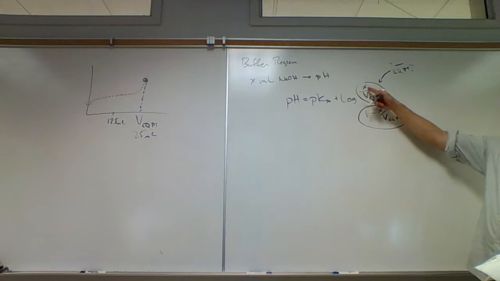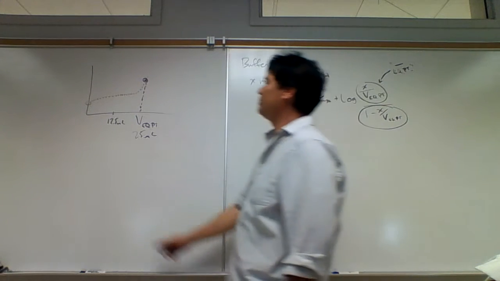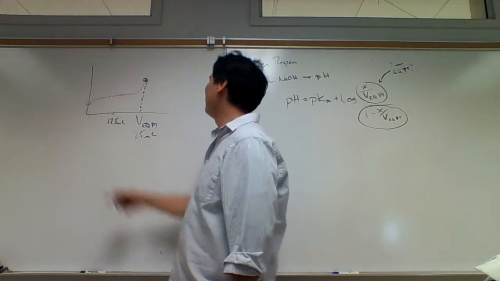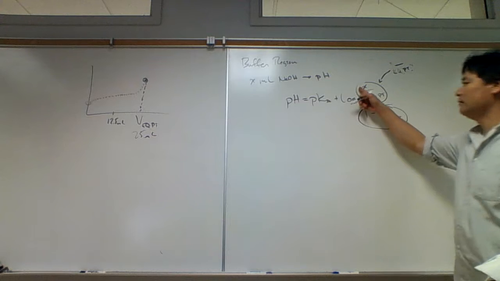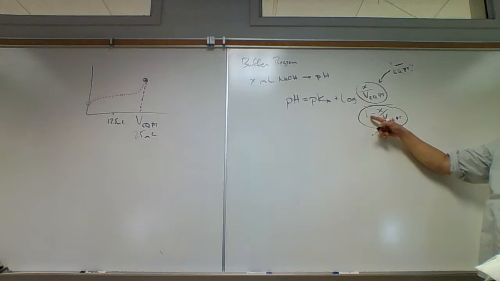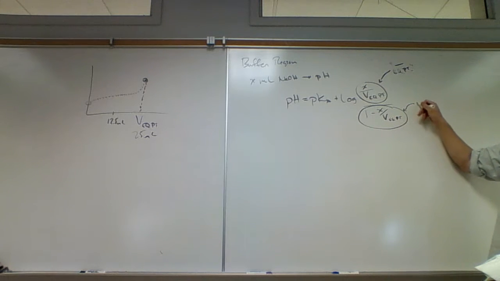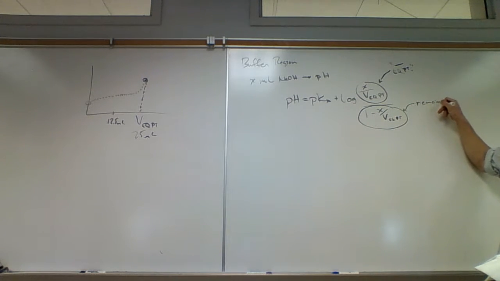If we neutralize 1/4 of the acid, that is, let's say we went to 6.25 milliliters, 6.25 over 25 would be 1/4, and 1 minus 1/4 would be 3/4. So this is the remaining unreacted acid. This is typically how we'd set it up when we're given X milliliters.